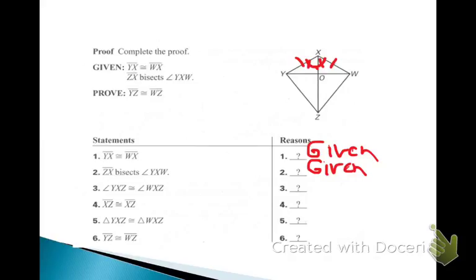It's from step 2, the previous step. That's definition of bisector. So we've got those things marked congruent. XZ congruent to itself. How do I know that? Seth? Reflexive. Good. So that's reflexive.